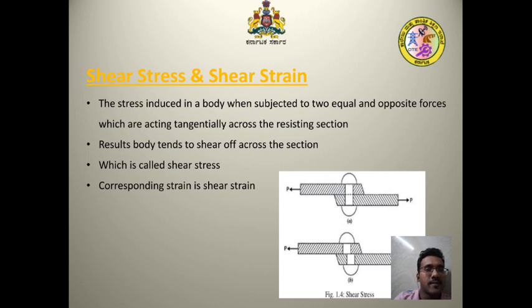See the figure, it is a shear stress, right? The load is applied on the upper end, and another load is applied on the bottom end. The stress induced in a body when subjected to two equal and opposite forces which are acting tangentially upon the resisting section.